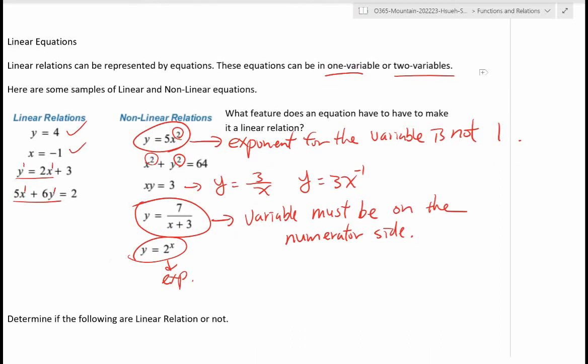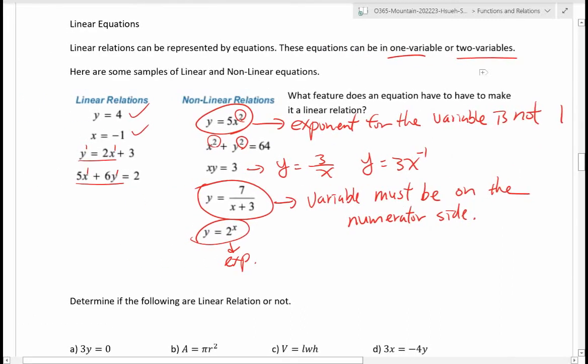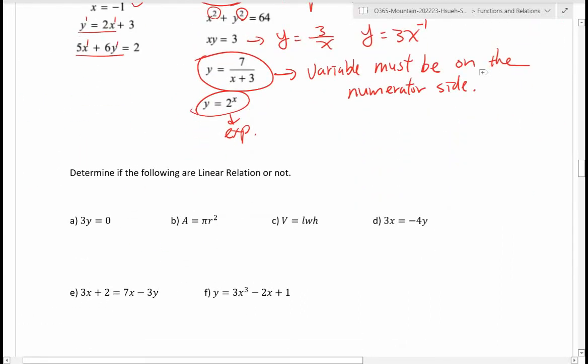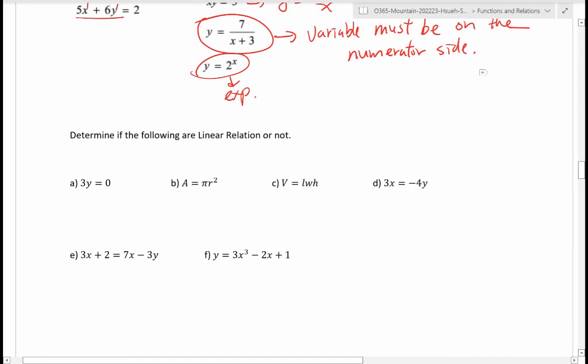Okay, cool. So now we can try whether these are linear relations or not. Give it a try. Hopefully this one is, because again, you can see one variable only, and the variable is on the numerator side. This one is not, because the exponent for the variable is 2.